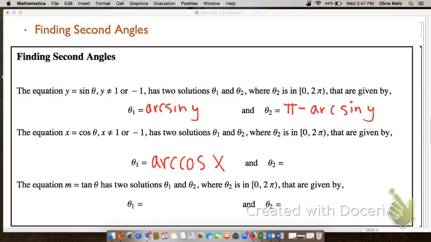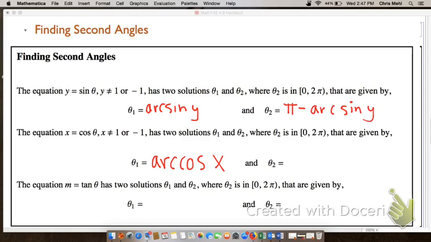So you apply arc cosine to the output x, and that gives you your first angle. That'll be between 0 and pi, because that is the range of the arc cosine function. It only spits out angles between 0 and pi.